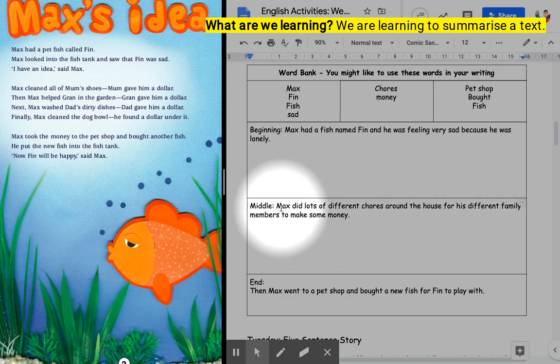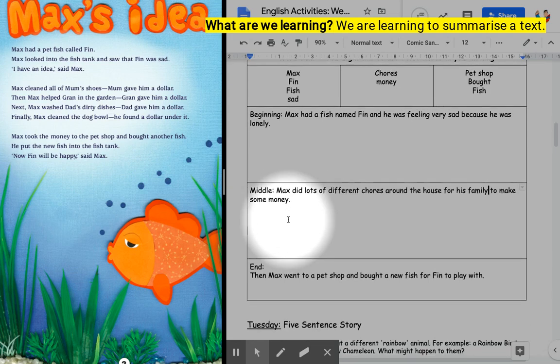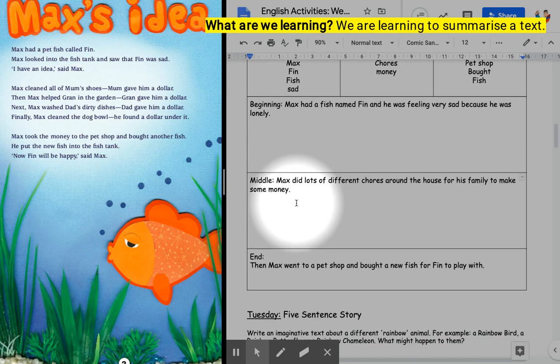Let's read the sentence. Max did lots of different chores around the house for his different family members. No, I don't like that. It doesn't sound right. Let's change that again. I think this might sound better. Max did lots of different chores around the house for his family to make some money. That sounds much better. I wonder if you did any chores around the house during the holidays.